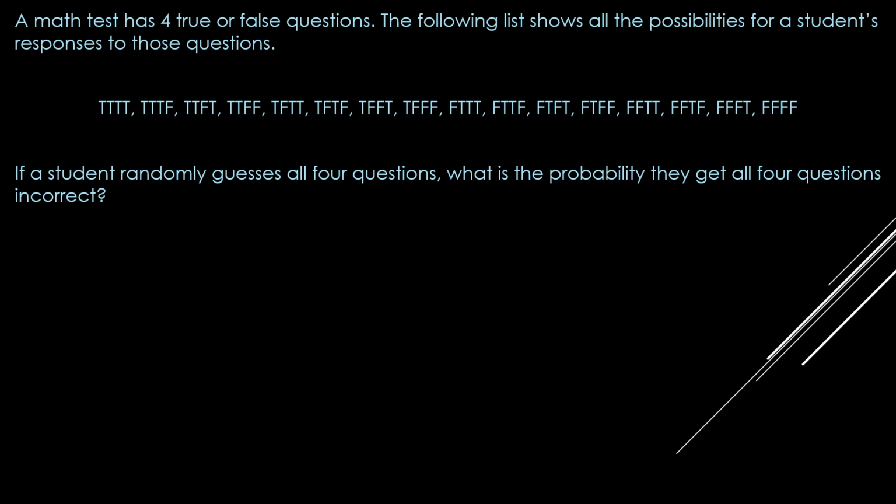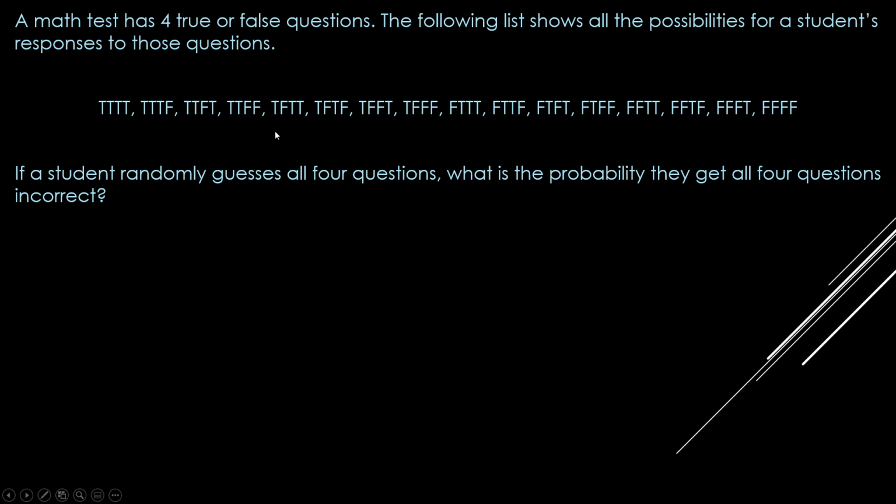Alright, a math test has 4 true or false questions. The following list shows all of the possibilities for a student's responses to those questions. If a student randomly guesses all 4 questions, what is the probability they get all 4 questions incorrect? Okay, so let's see. We want to know what's the probability that they get all 4 questions incorrect. And from looking at what this is telling me, it looks like I can either pick all true, true, false, and so on.